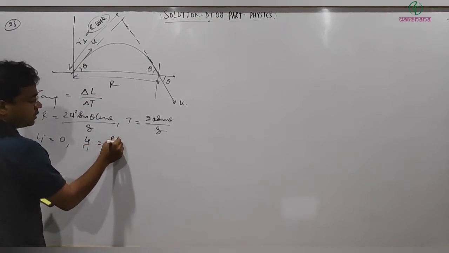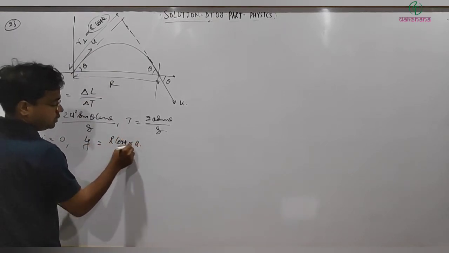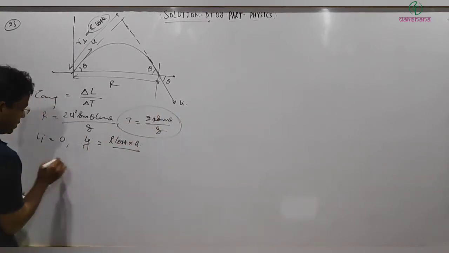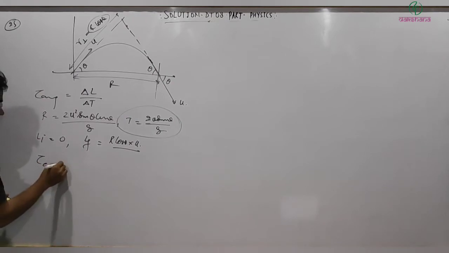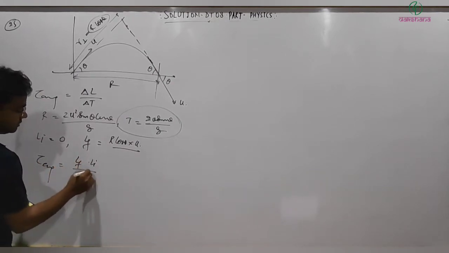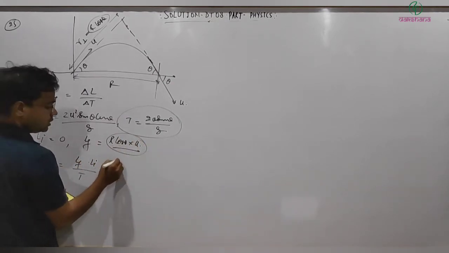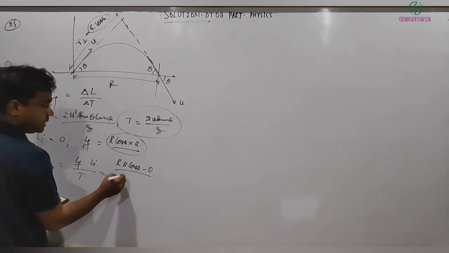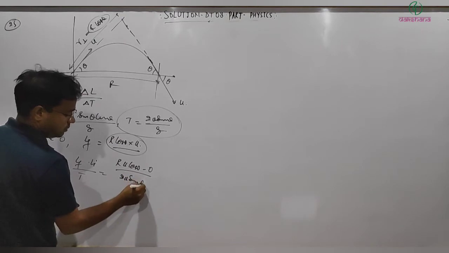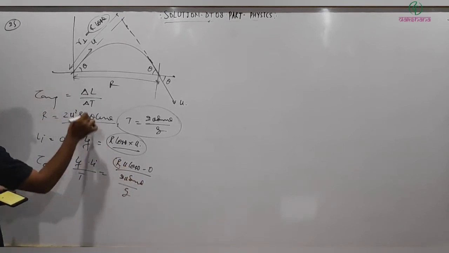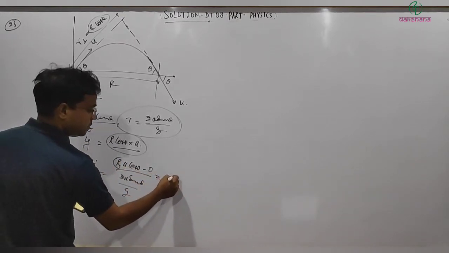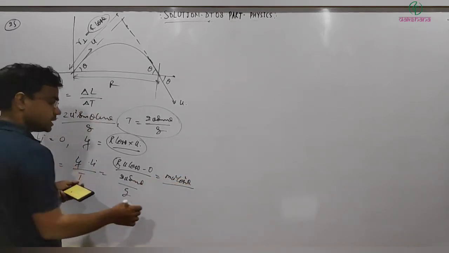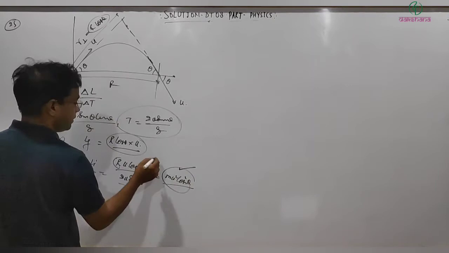This is R cos theta multiplied by m u, that is L final. Time taken is this, so tau average can be written as L final minus L initial divided by t, that comes out to be R m u cos theta minus 0 divided by 2u sine theta by g. Substituting all these values and simplifying, we are getting m u square into cos square theta. That is the answer to problem number 25.